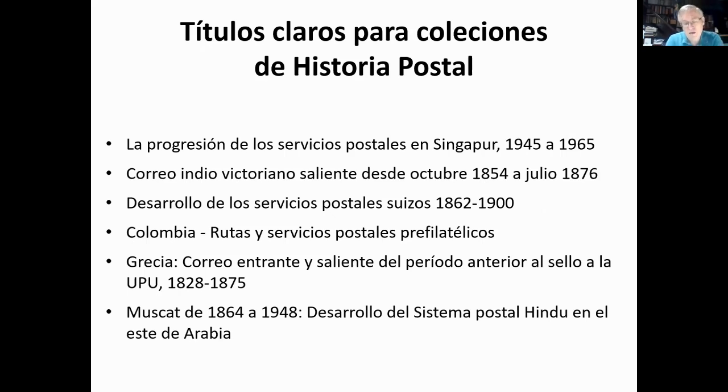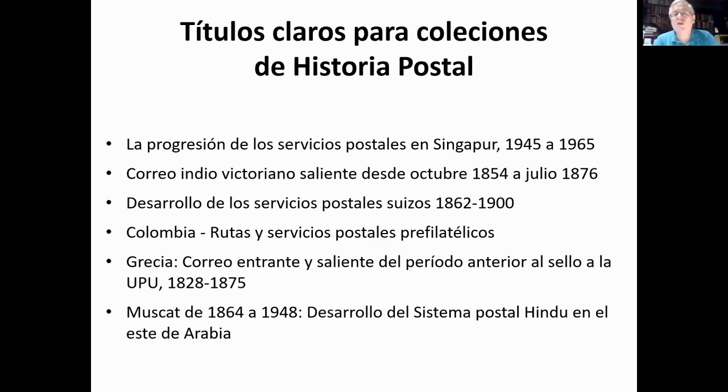Now, again, kind of repeating myself, which my wife tells me I do frequently, let's look at some titles for postal history exhibits which actually do a good job of defining the scope and content of the exhibits.